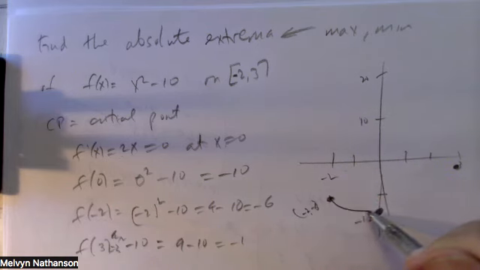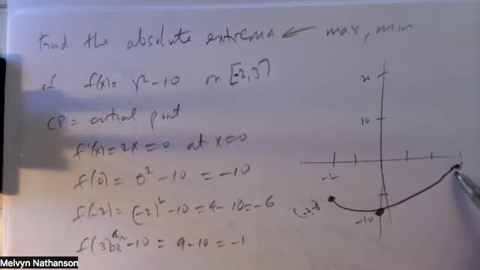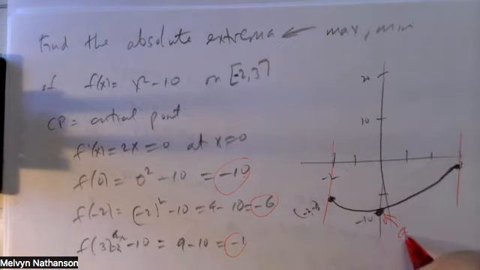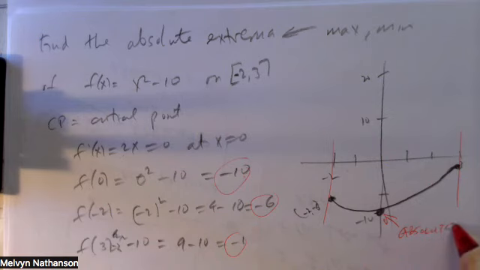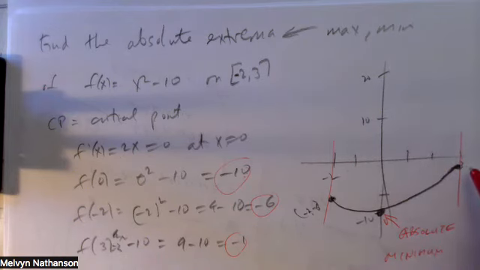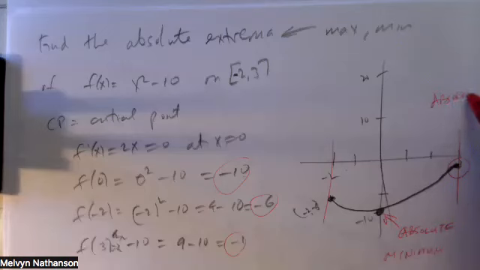So the graph of this function on this interval looks like that. And you look at these three values, the smallest is minus 10. So minus 10 is the absolute minimum. And the largest value is minus 1. So this is the absolute maximum.